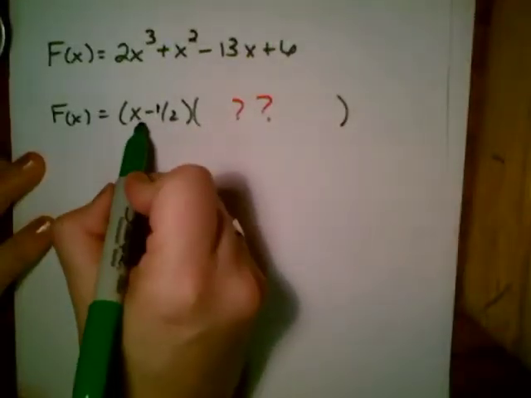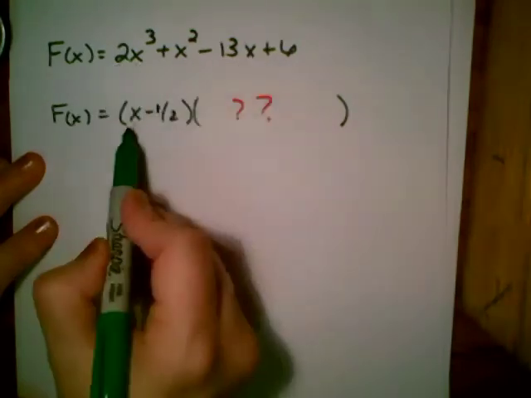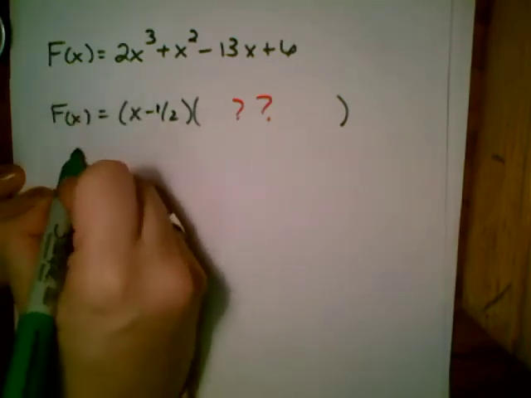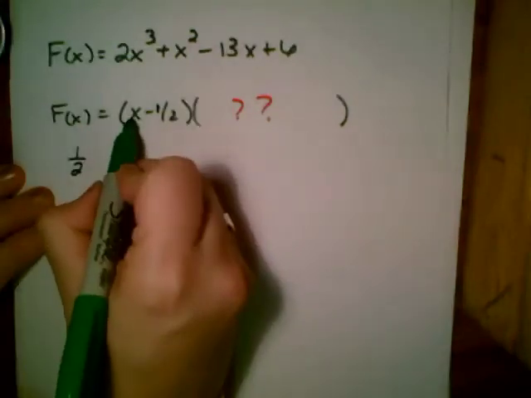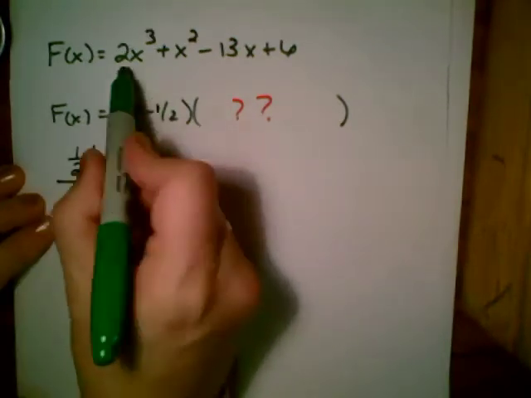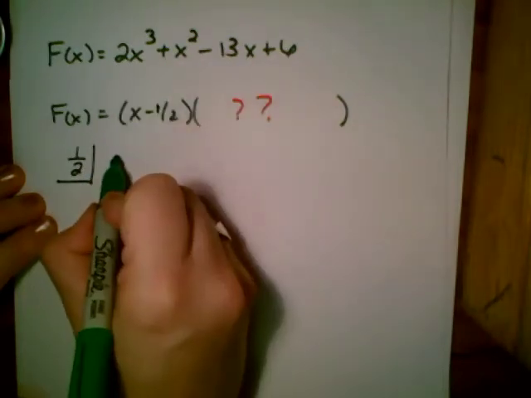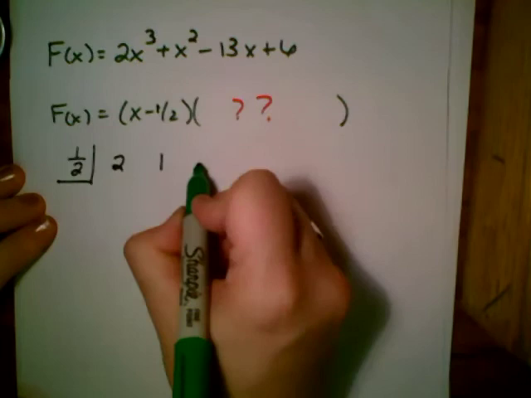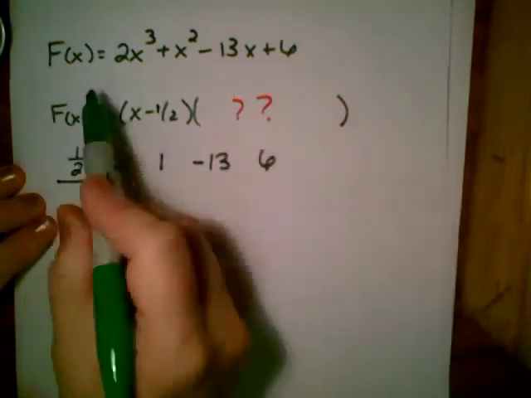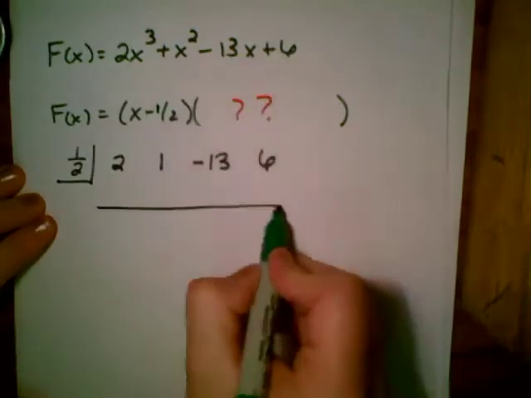Okay, well, we could do long division. We could take our dividend, the cubic, and our divisor, but we can also do synthetic division. Instead of x minus 1/2 being written down, we write down positive 1/2. We take those coefficients from that polynomial, 2, an understood 1, that negative 13, and a 6. We make sure there's no missing terms as we decrease in powers.